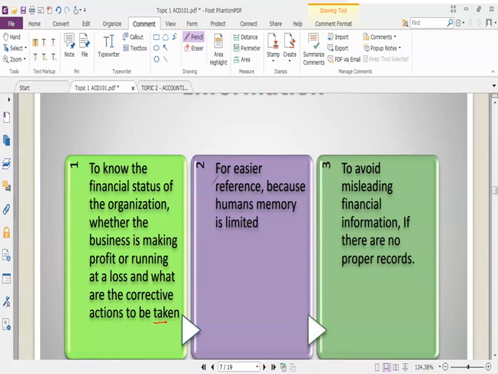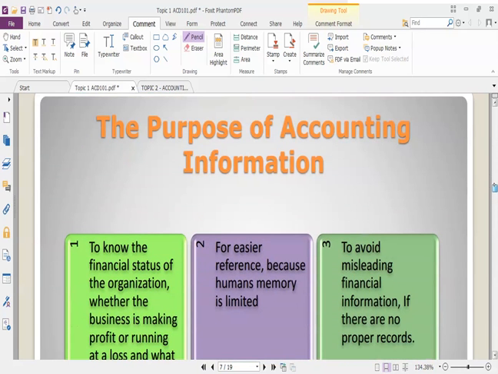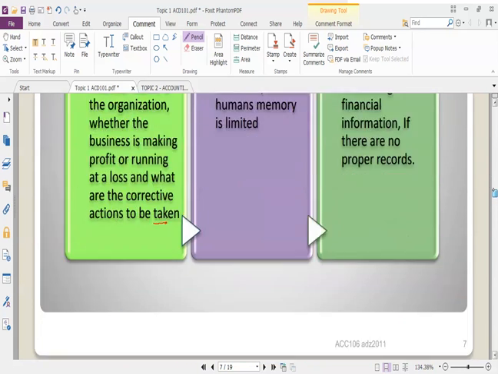The second is for easier reference, because human memory is limited, so accounting is a process to record all the information and data. The third is to avoid misleading financial information, to avoid errors if there are no proper records. That is why we need an accounting process.